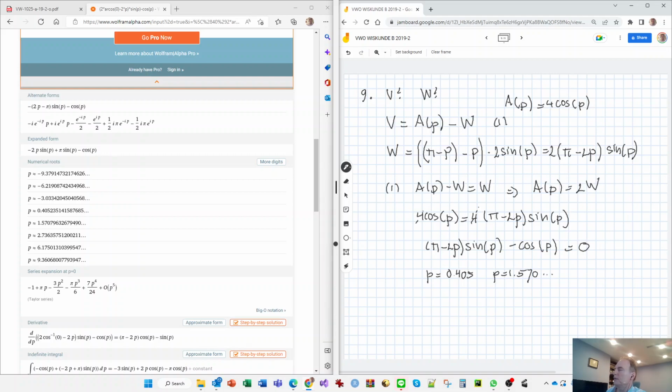There is actually one solution that can be found analytically. Let's see what happens if p is pi divided by 2. You get pi minus pi, so this is 0, and the cosine of pi divided by 2 is 0. Yeah, so this probably is pi divided by 2.